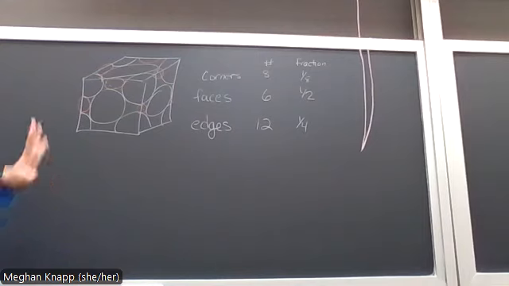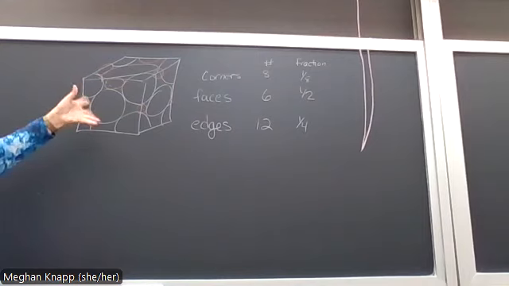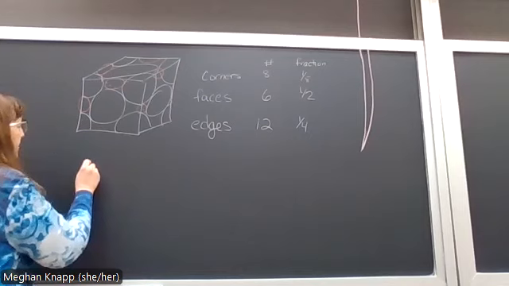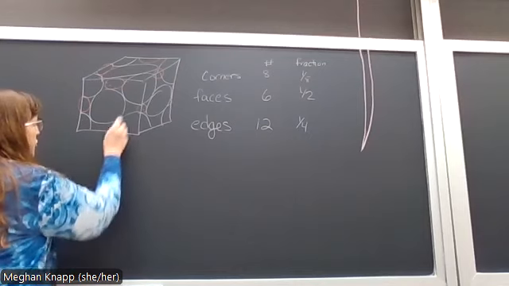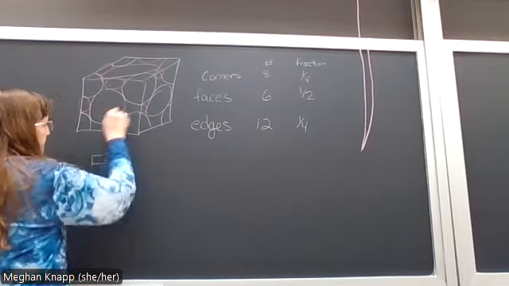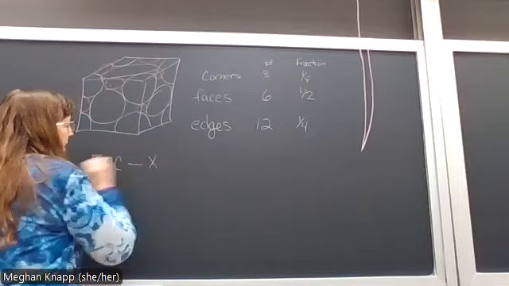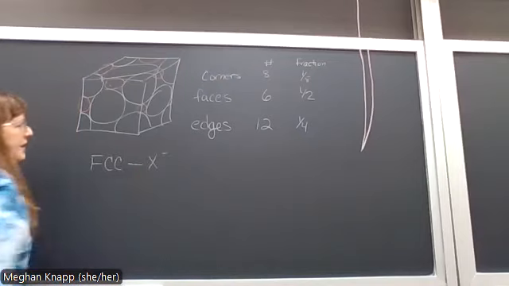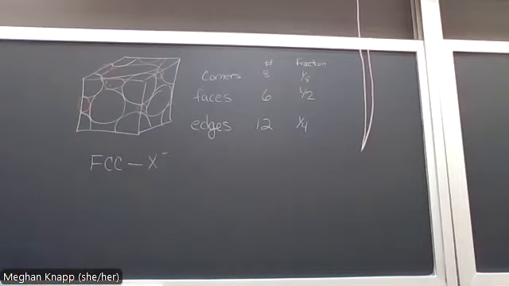Sometimes you will see questions where you need to figure out the ratio of the ions, the metal and the non-metal, based on the structure. So if I have a structure that is face-centered cubic, like this, for the anion, we're going to call that X something minus. We don't know how much minus, but it's an anion.